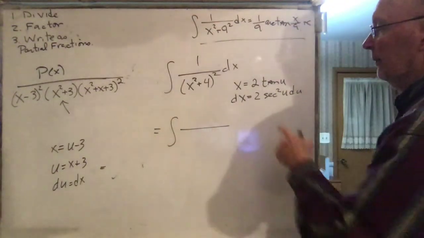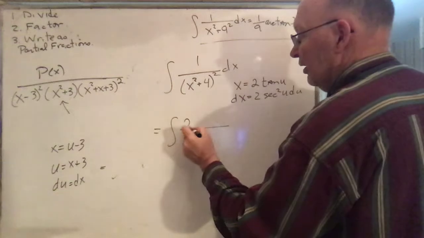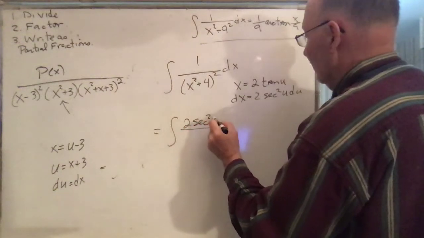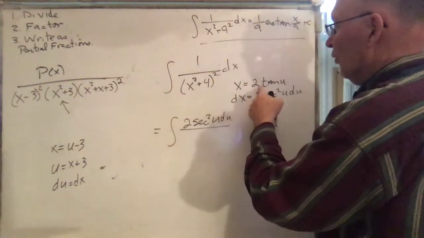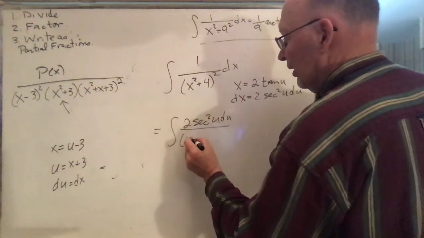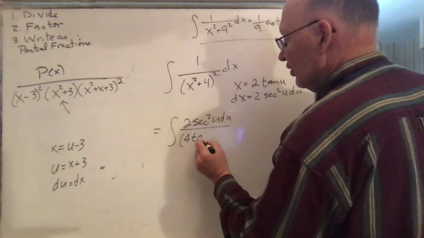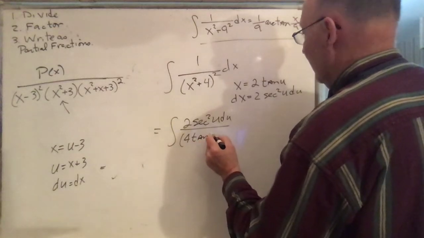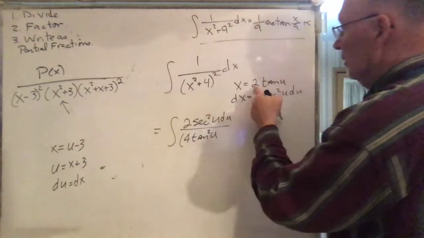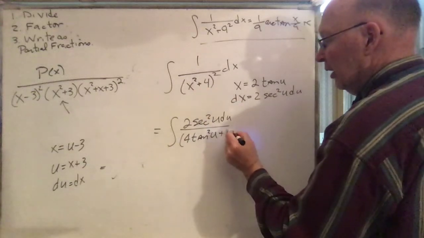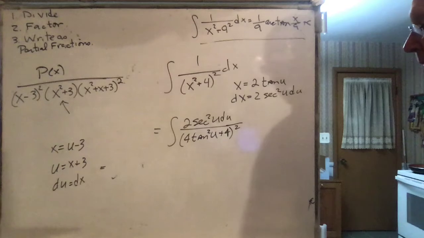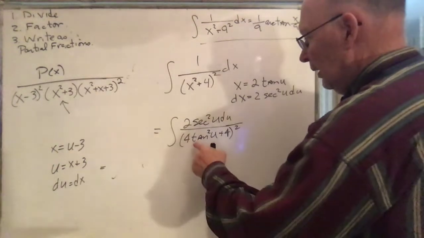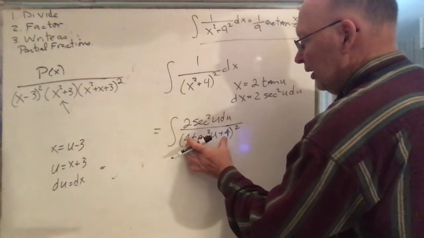So what are you going to get? Dx up here is 2 secant squared u du. On the bottom, you're going to get x squared, but for x squared, I can put in 4 tangent squared u plus 4. That's all quantity squared. Okay. Now, the 4 can be factored out.